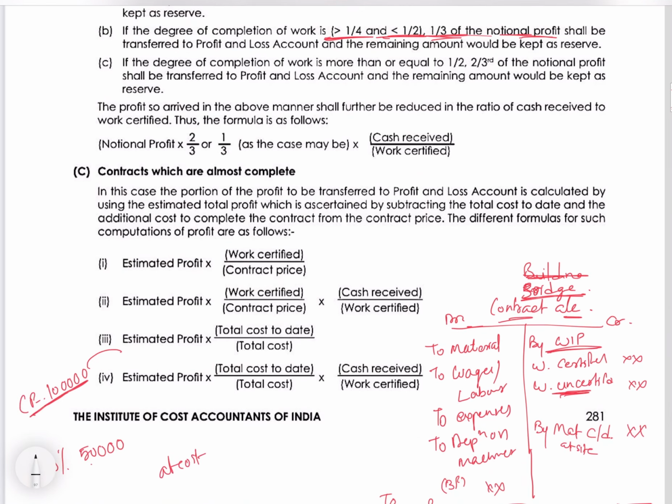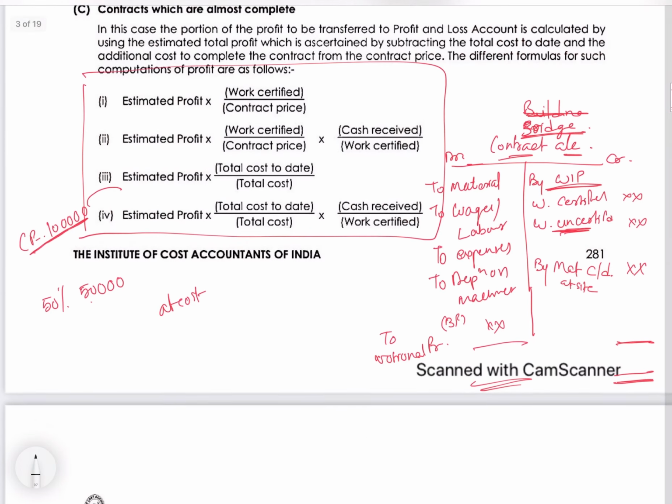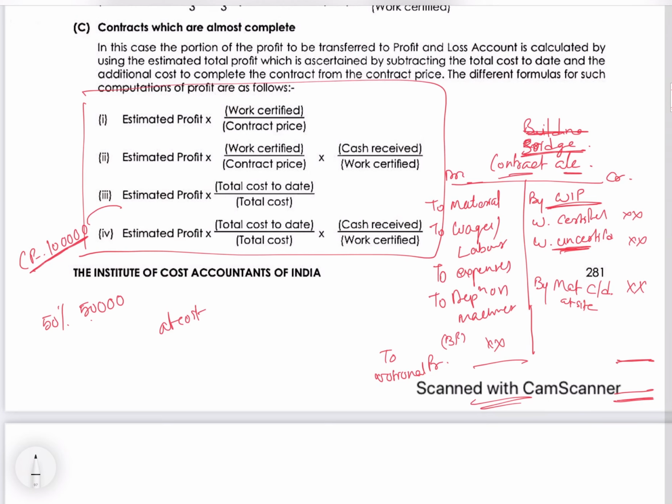And for those completed more than half, we have to use any of these methods to calculate the profit element which we will take to the P&L account. In simple terms, I will show you the table which explains all of this later, but just remember these three criteria to understand how much profit will go. From the notional profit, we will take out the profit which will go to the P&L account, and the remaining we will keep in reserves.